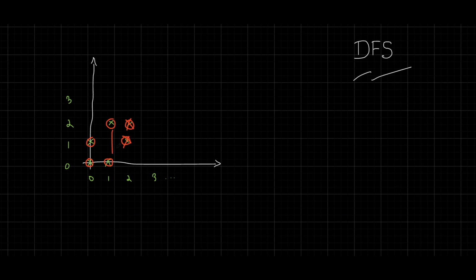For these two stones, we can remove this. For these two stones, we can remove this. For these two stones, we can remove that. Now, we have seen that only one stone is spare and all of the other 5 stones are removed. So here, the number of stones removed is 5.